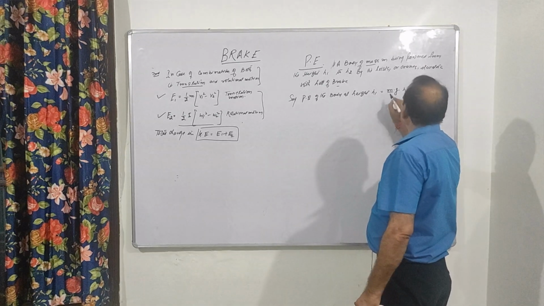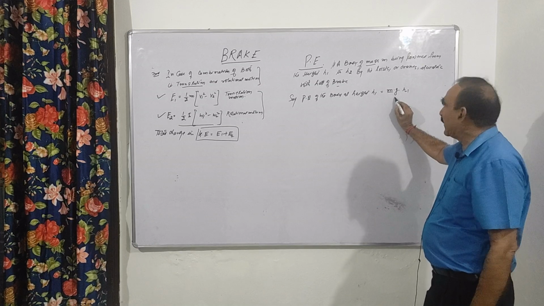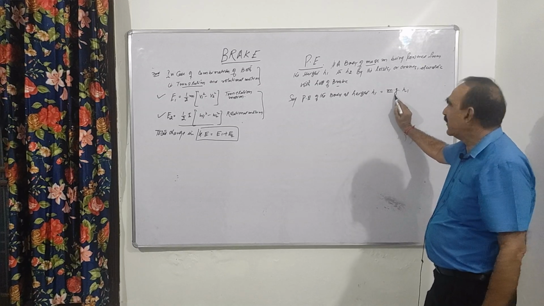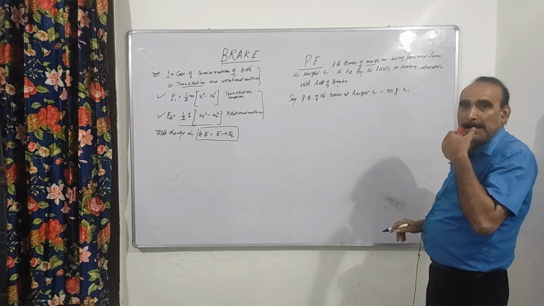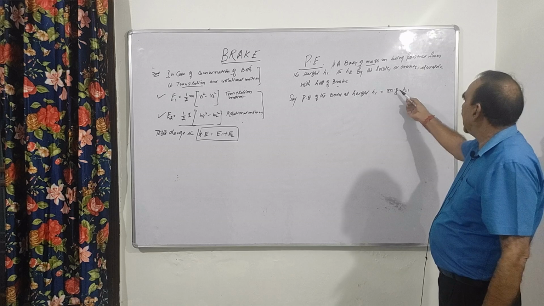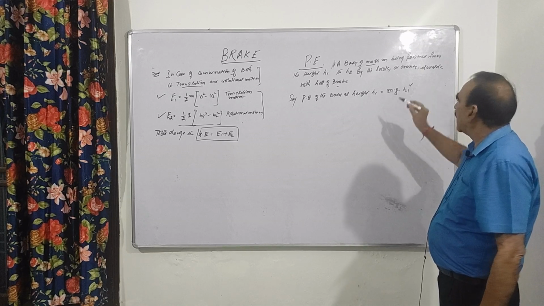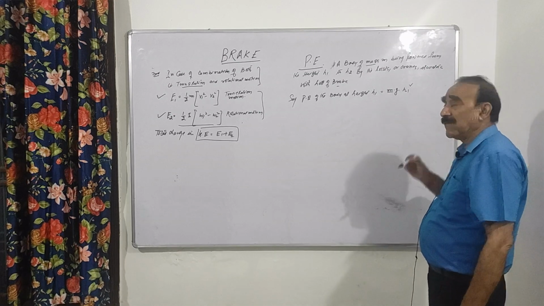Potential energy of the body at height h1 is equal to m into g into h1, where m is the mass of the body, g is gravity, m into g that is weight, into h1, the height from the reference line. So this is the potential energy of the body when the body is at height h1.